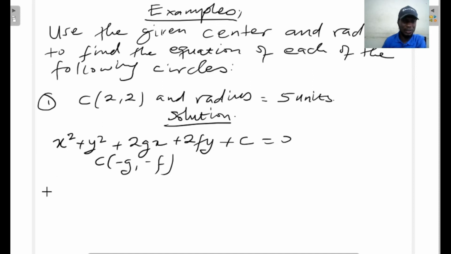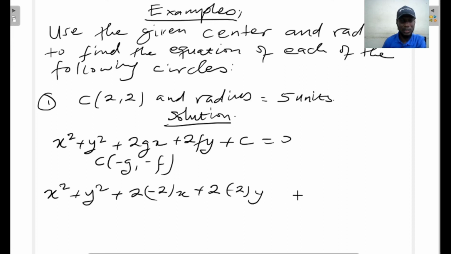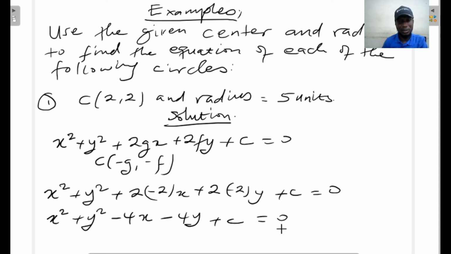We are going to have x squared plus y squared plus 2 times negative 2 x plus 2 times negative 2 y plus c equals 0. This will give us x squared plus y squared minus 4x minus 4y plus c equals 0.